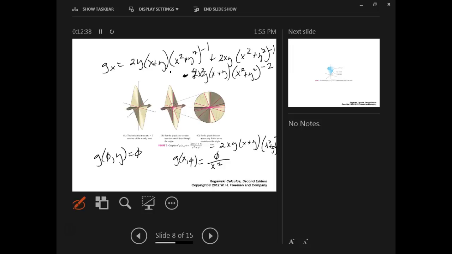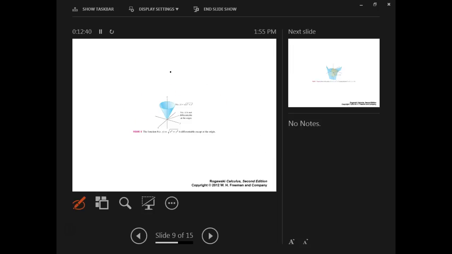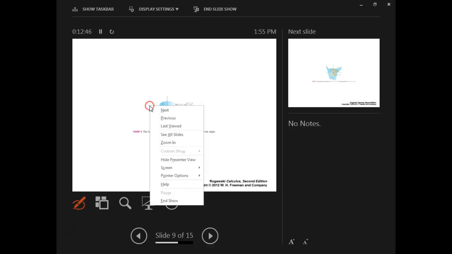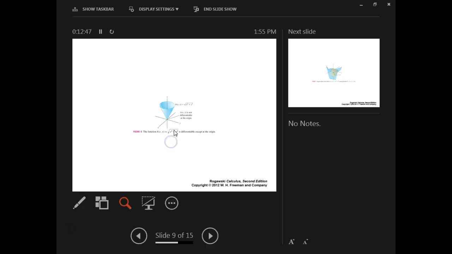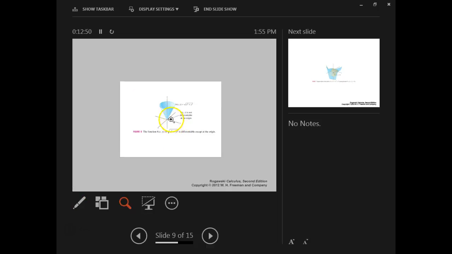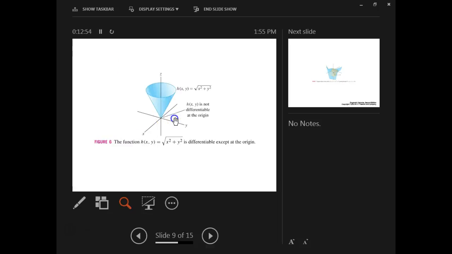Let's go to example 2. Let's see if we can blow this up so you can see it a little bit better. Here's your h of xy, which is the square root of x squared plus y squared.